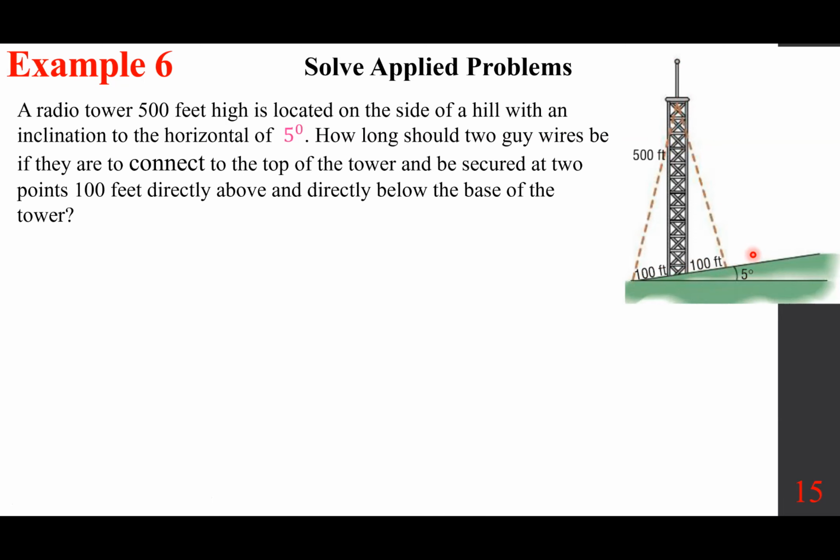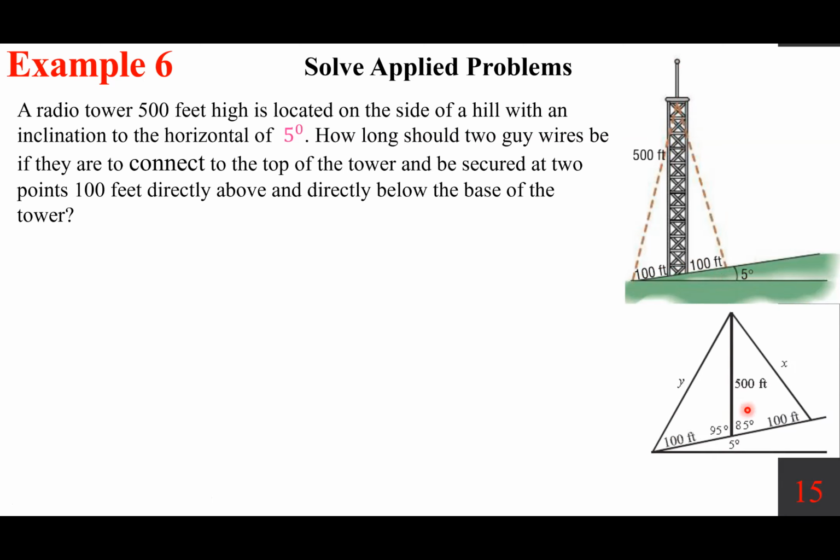And to do that, first let's make sure we understand what's going on here. Look at this drawing. I want everybody to see. This is 500 feet, everybody. This one and this one we are looking for. One of them we call X, one of them we call Y, we don't know.